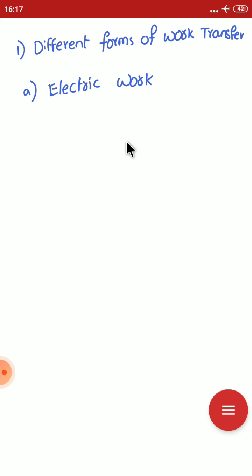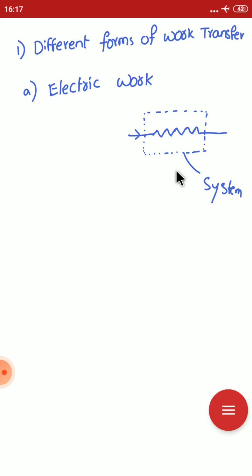In this, let us consider a current flowing through a resistor. Let us consider the resistor as a system. There is a work transfer into the system. Why?